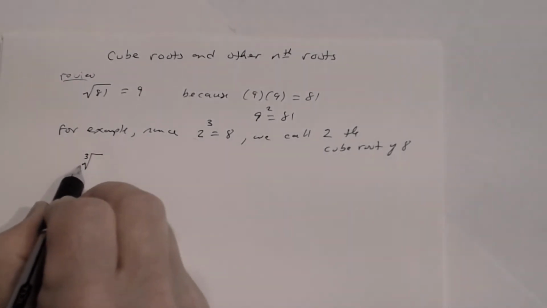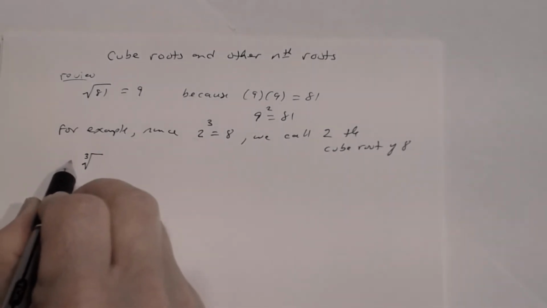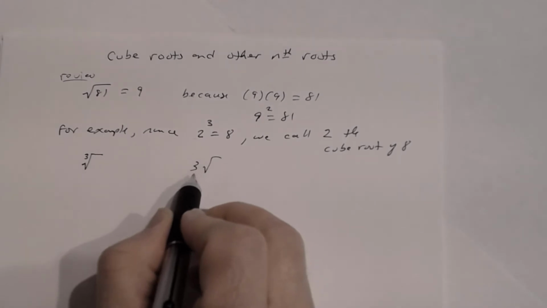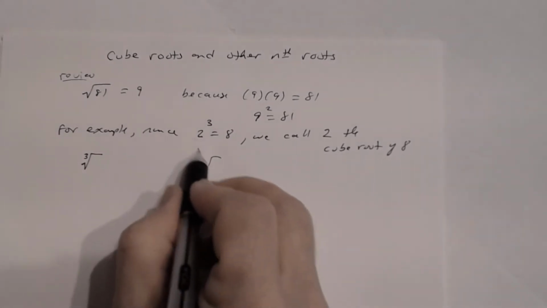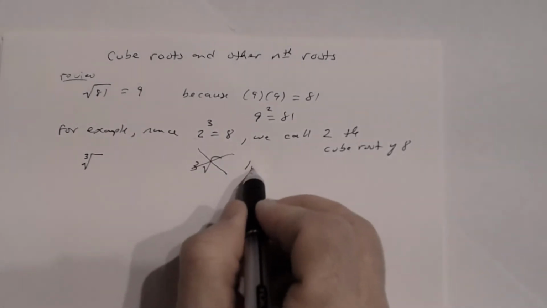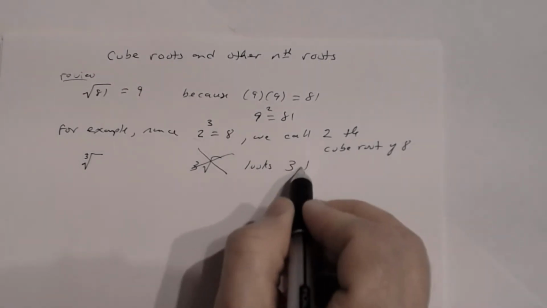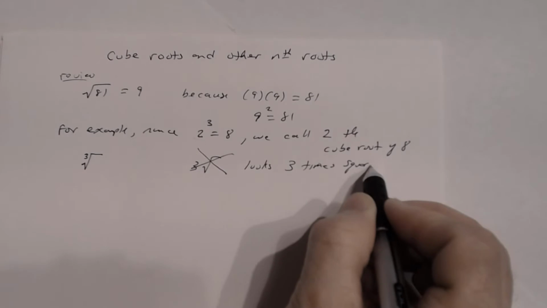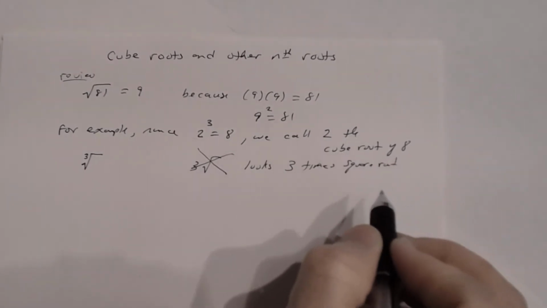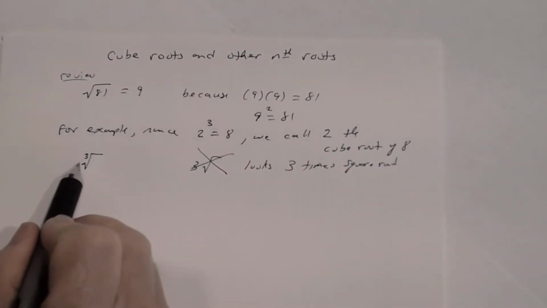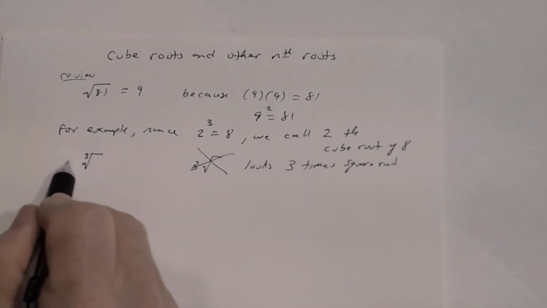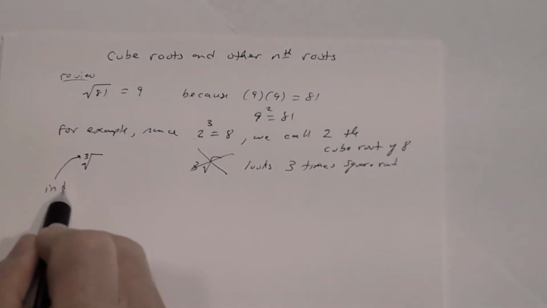So it looks just like this. Now don't put it in front. Many students will do this. Well, that's not cube root. That looks like 3 times the square root. So don't do that. If you want the cube root, then you've got to put the 3 here. And that's called the index.